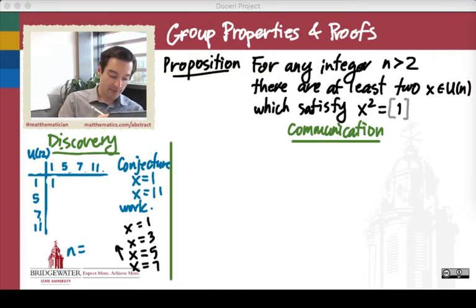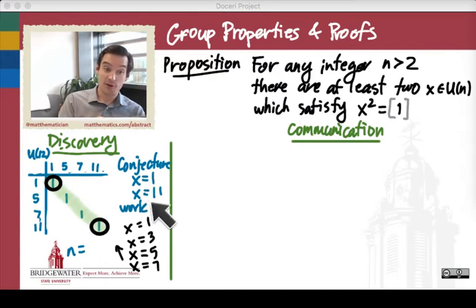Let's do 5 squared. 5 squared is 25, which is 1. 7 squared is 49, which is 1. 11 squared is 121, which is 1. So U12, just like U8, also had this interesting property that every single element in it satisfies x squared is equal to 1. Every element is a square root of 1. It's kind of funny. But certainly the 1 and 11 that we put in our conjecture over here, those seem to hold.